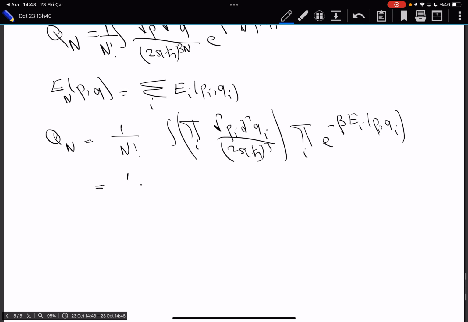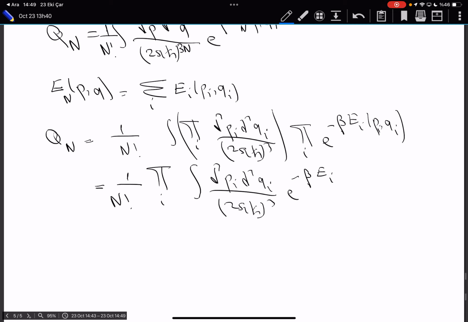And which will also be 1 over n factorial times the product of the integrals over p_i and q_i.